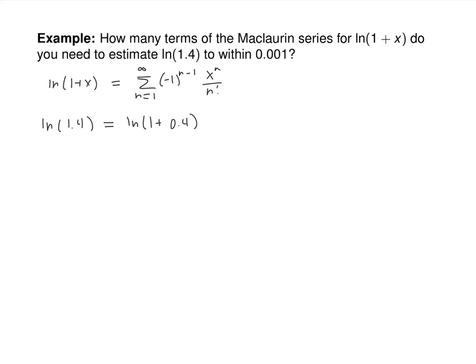So this is the series with 0.4 plugged in for x. So that is the sum from n equals 1 to infinity, negative 1 to the n minus 1, 0.4 to the n all over n. That should not have been a factorial, so scratch that.